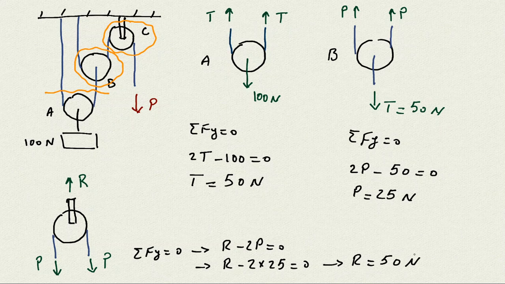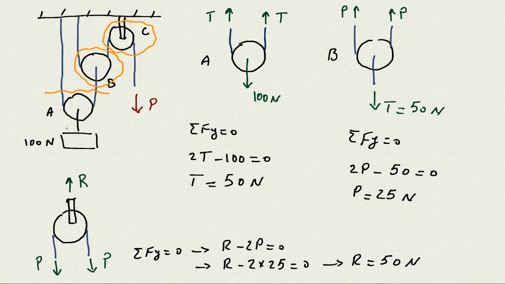So if you look at this whole system, we have the 100 Newton weight. We only need 25 Newton to hold it, and the reaction at this point is going to be 50 Newton. So that's how the pulleys work.